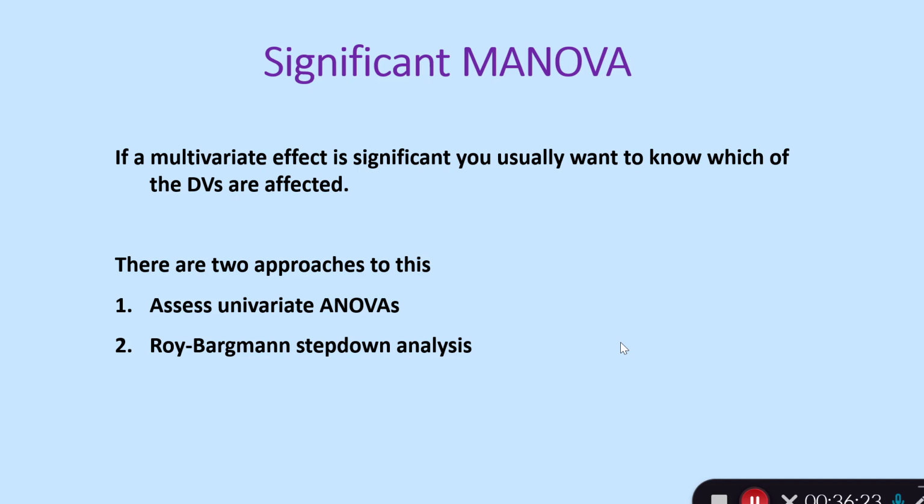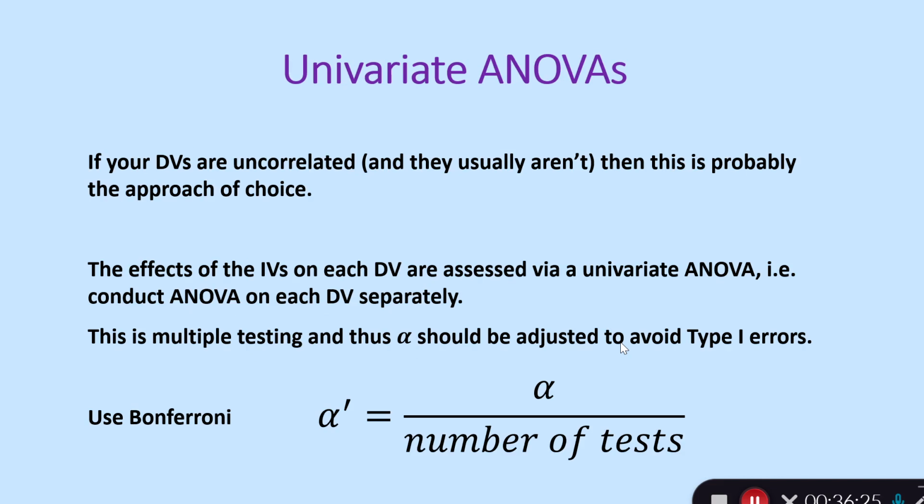Okay, so let's look at these in turn. If we run a MANOVA, we get a significant result. We then decide to see which of the DVs contribute to significant differences between the levels on the IV. We could just do these univariate ANOVA tests.